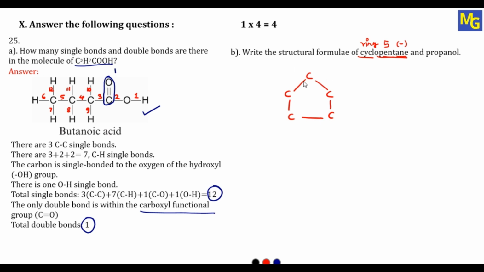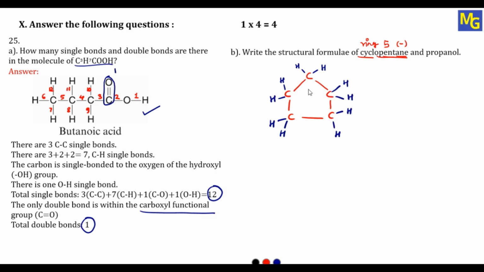Now remaining all the valency of this carbon should be balanced by hydrogen. Carbon valency is 4, means carbon can form 4 bonds. Already it has 2 bonds. So another 2 bonds it requires. So I'll write H. Here I'll write one more H. Same way this carbon requires another 2 hydrogens. So I'll write like this. Same way, this carbon requires another 2 bonds, so 2 hydrogen. Here also there are 2 hydrogen and for this carbon also there are 2 hydrogen.